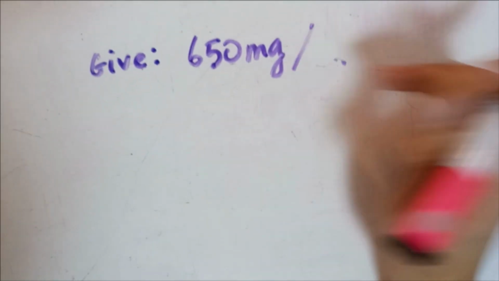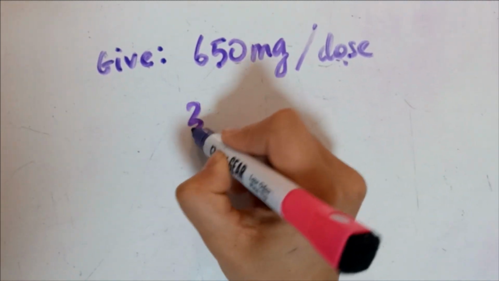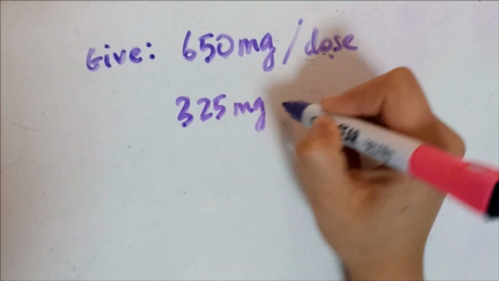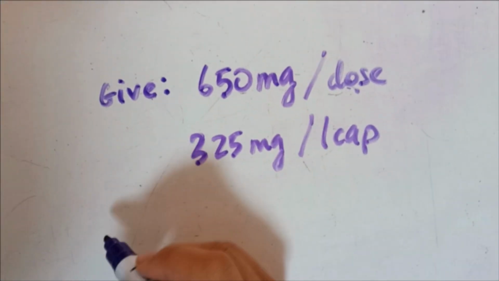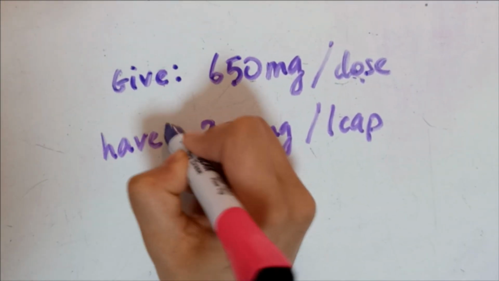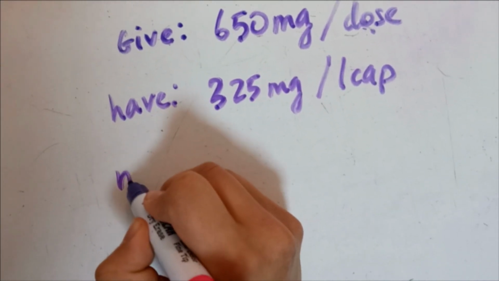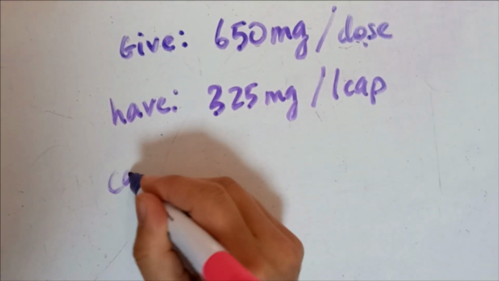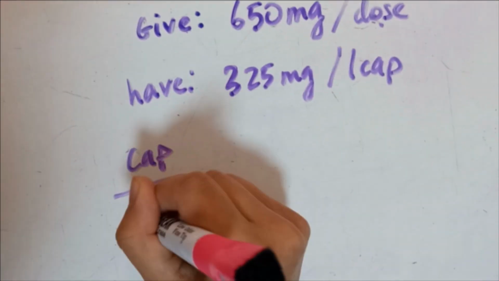And this would be per dose, okay? And then we have 325 milligrams in one capsule, okay? So we're going to set up, here, let's fill this in. We need capsules per dose. Capsule per dose.